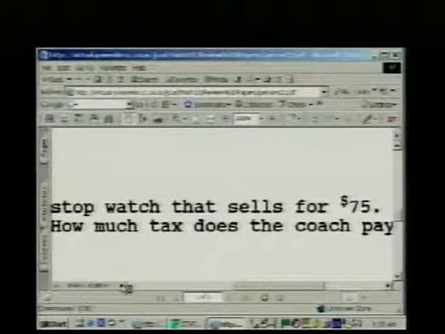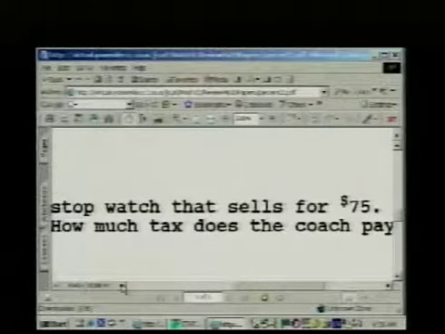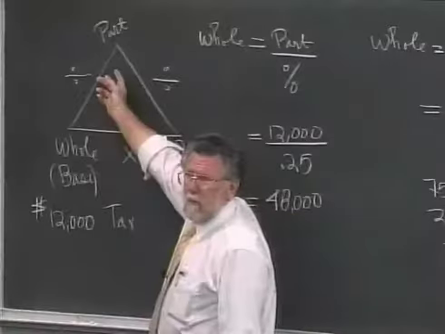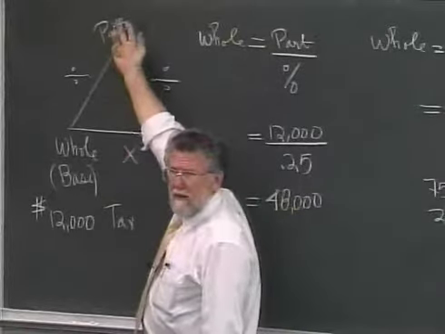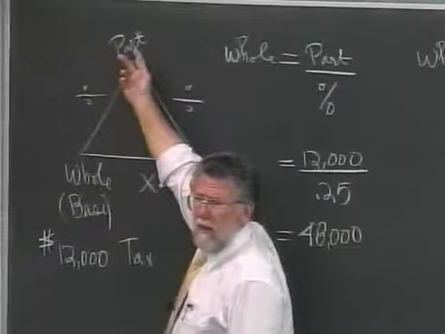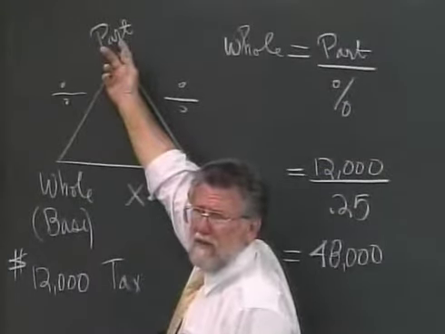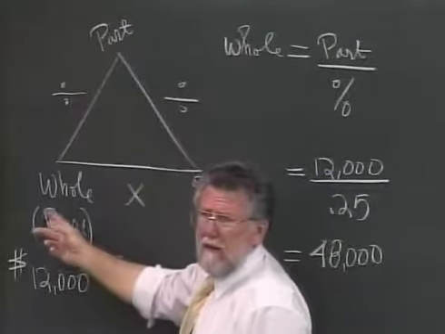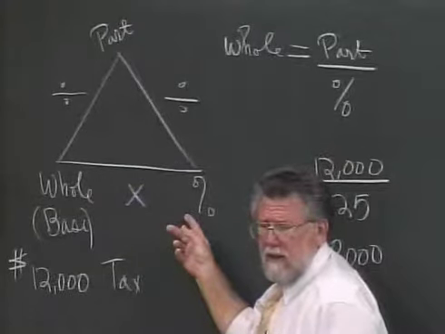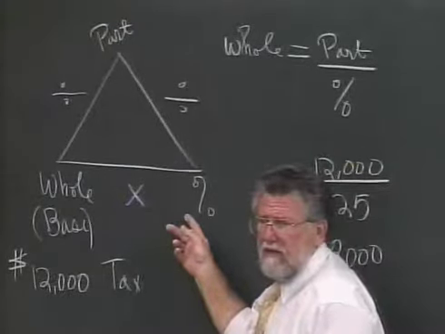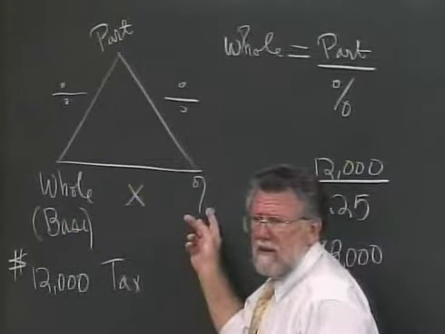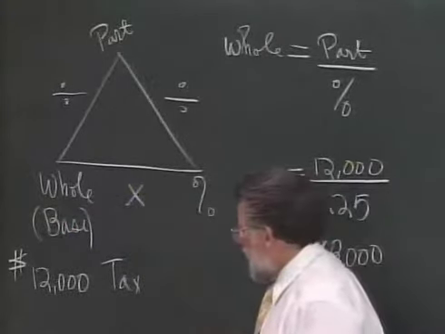So if we come back to our diagram, we're hunting for the part. Okay, I'm hunting for the part, and the part says I'm supposed to do what? Multiply the whole times the percent. Now it sells for $75, so that's the whole, and what is my tax rate? 6%.